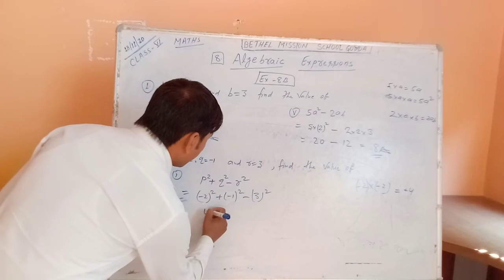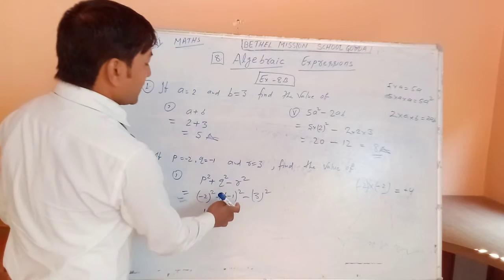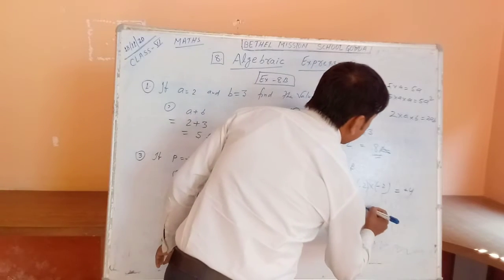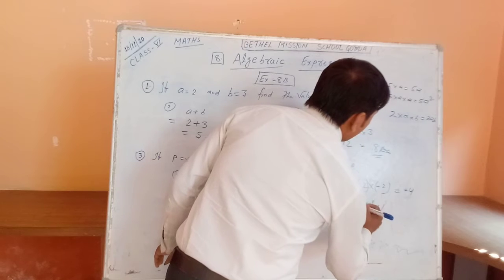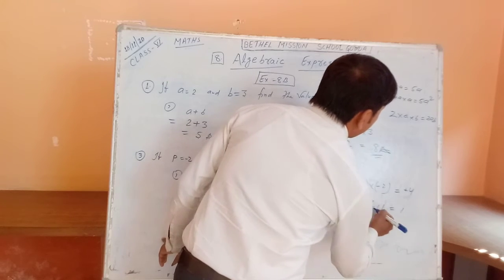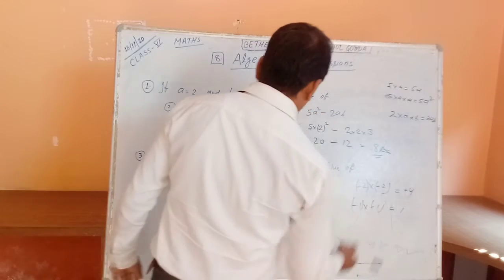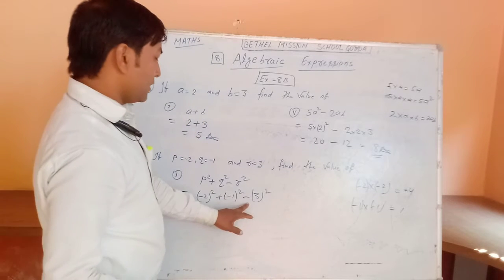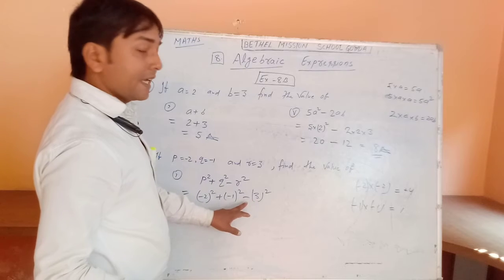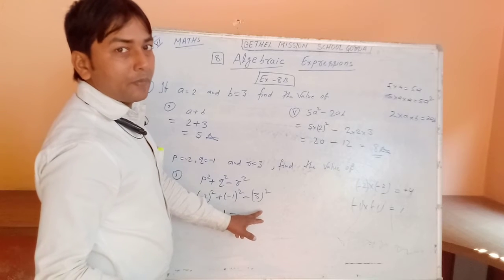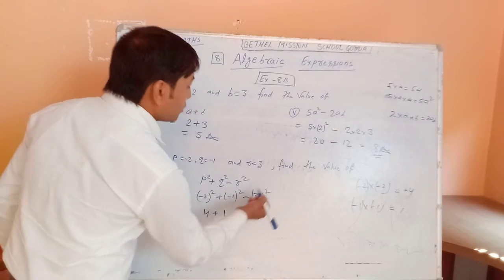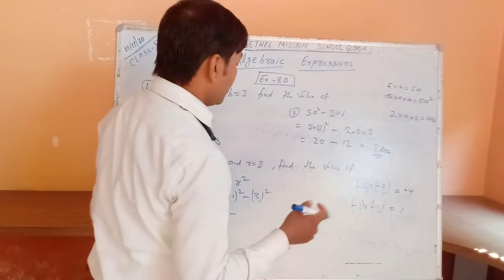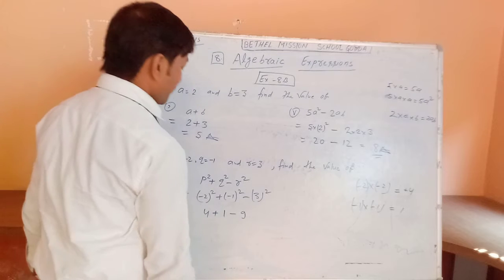2 into 2 is 4, and minus into minus is plus, so it becomes positive. So it is 4. And minus 1 into minus 1, 1 into 1 is 1, and minus into minus is plus, so plus 1. And the minus is outside the bracket, not under the bracket. 3 squared means 3 into 3, 9.